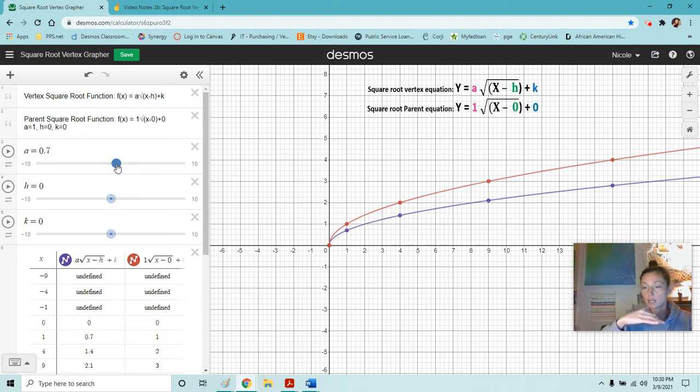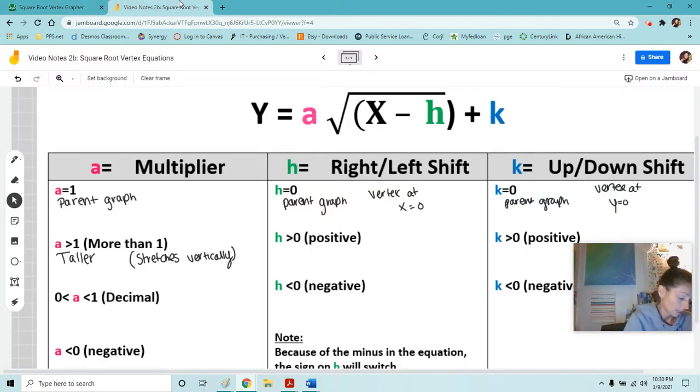It's underneath there. It starts at the same place, but it's just a little bit shorter. So go back into those notes there. That would make the graph shorter. And the way that we say that mathematically is that it compresses vertically.